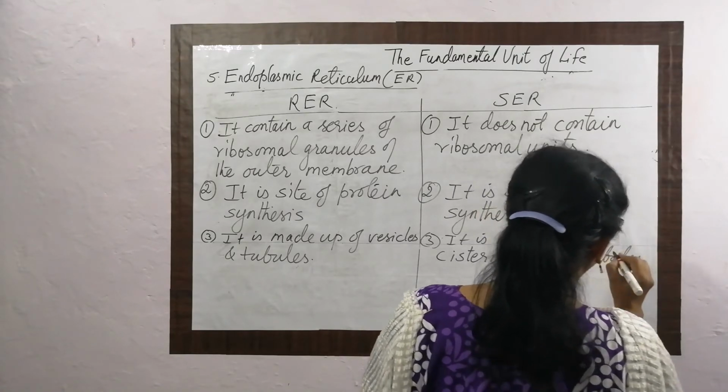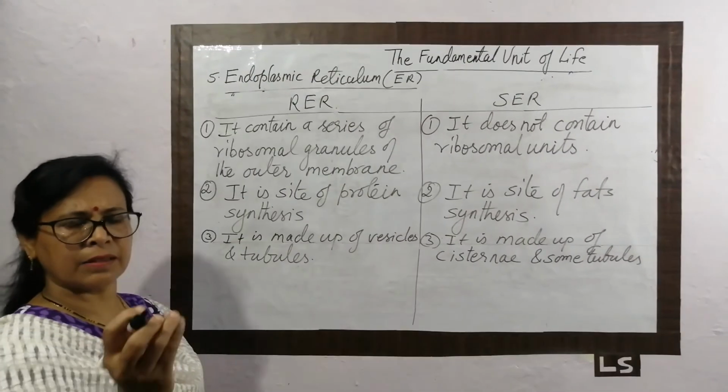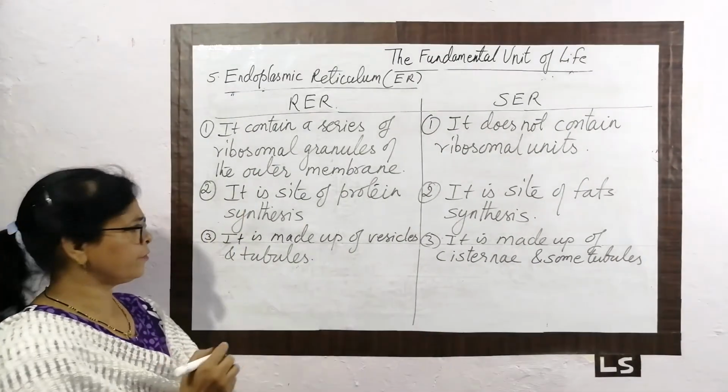Very few tubules are present here. Cisternae are bag-like folds which are present on the surface.